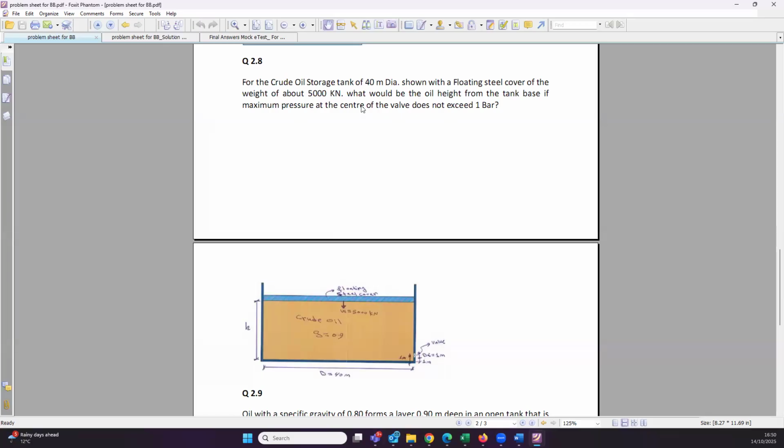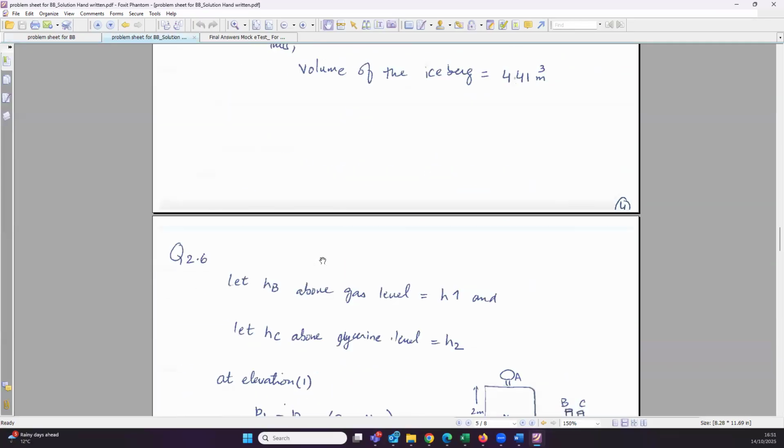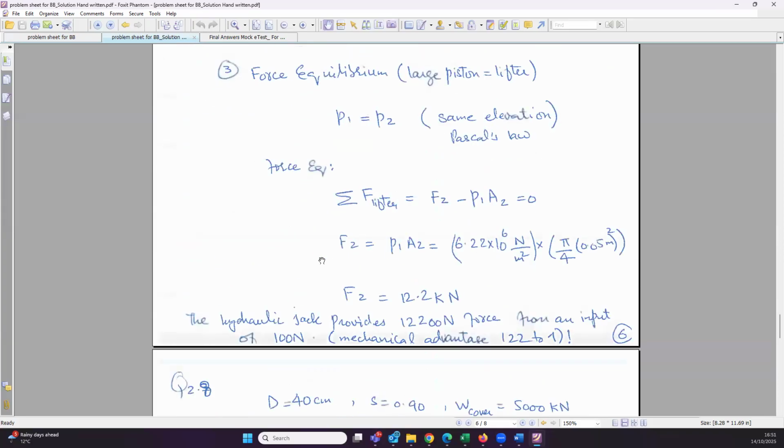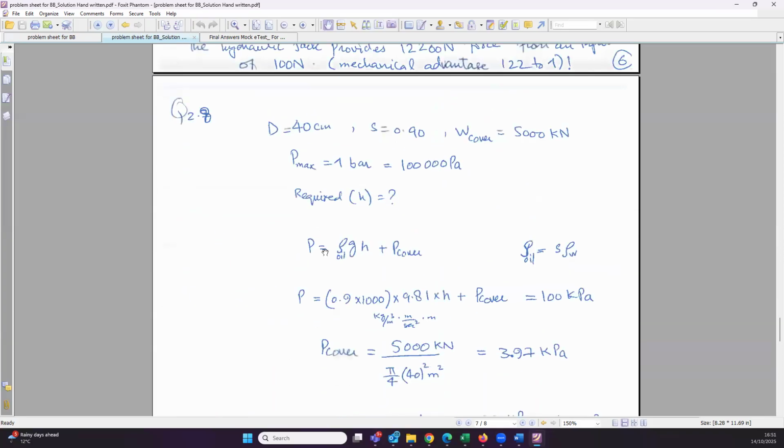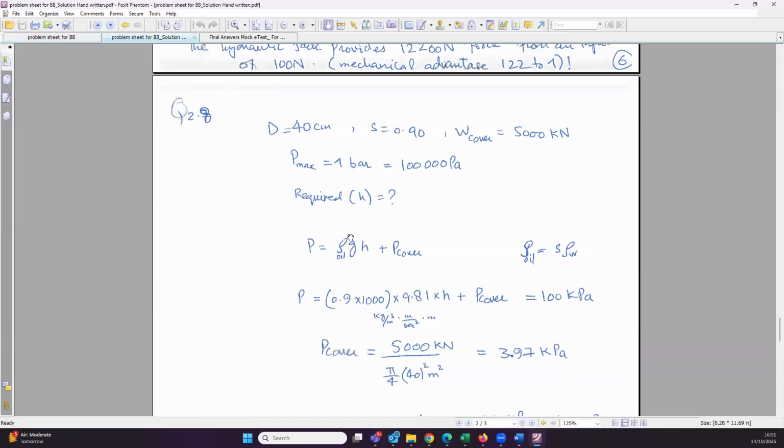If you now look at the solution, let me just go there. As I said, we know a number of things. We know the base, D equals 40, and S is 0.9, the specific gravity.